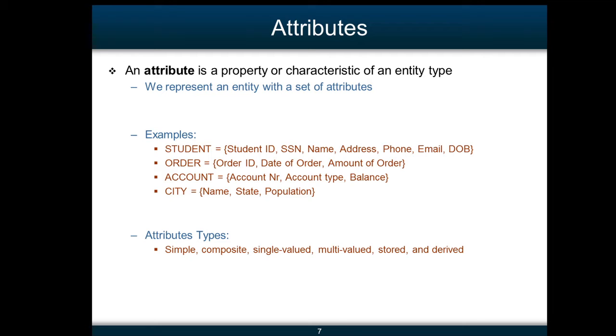For the order entity, the attributes are order ID, date of order, amount of order. For the account entity, we have account number, account type, balance. For the city entity, we have name, state, population. For the attribute types, we have simple, composite, single-valued, multi-valued, stored, and derived.